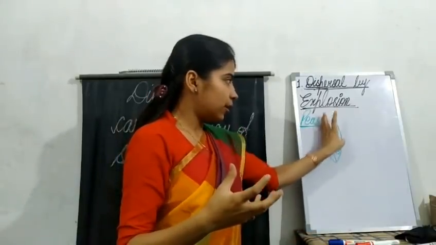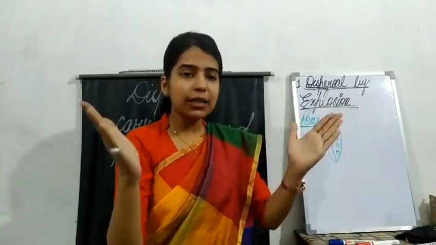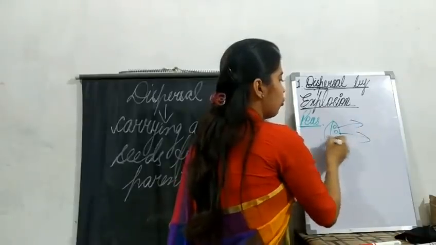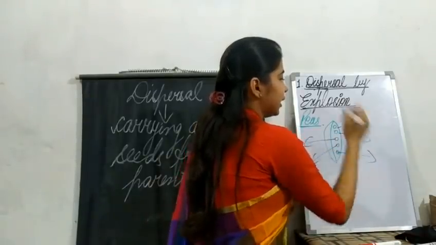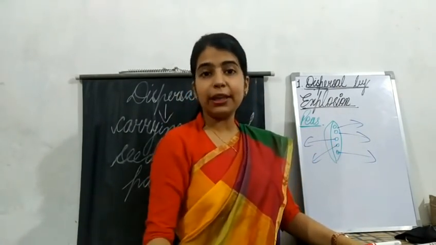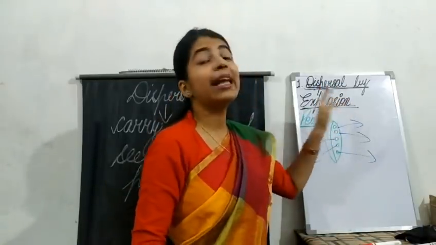Their covering will burst out, and once it bursts, the seeds will fall in different directions. Wherever they fall, a new plant will come out. So this is dispersal by explosion.